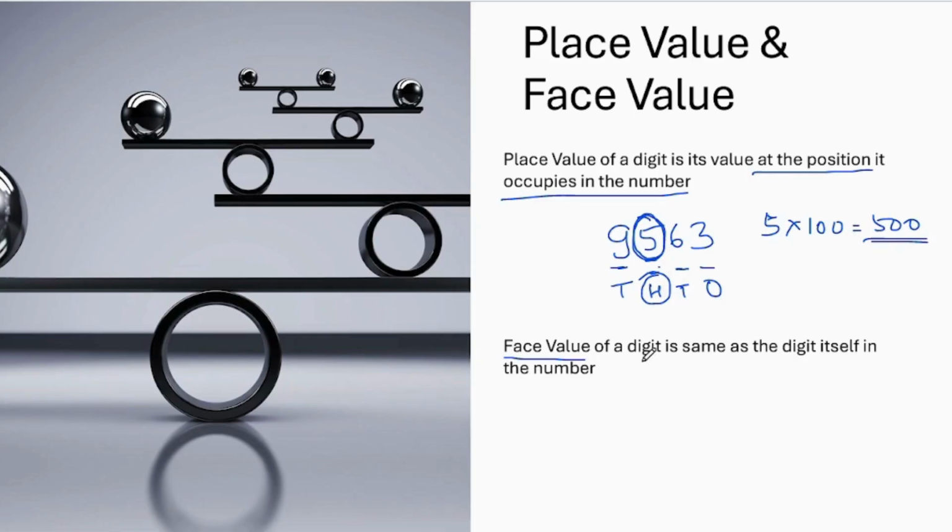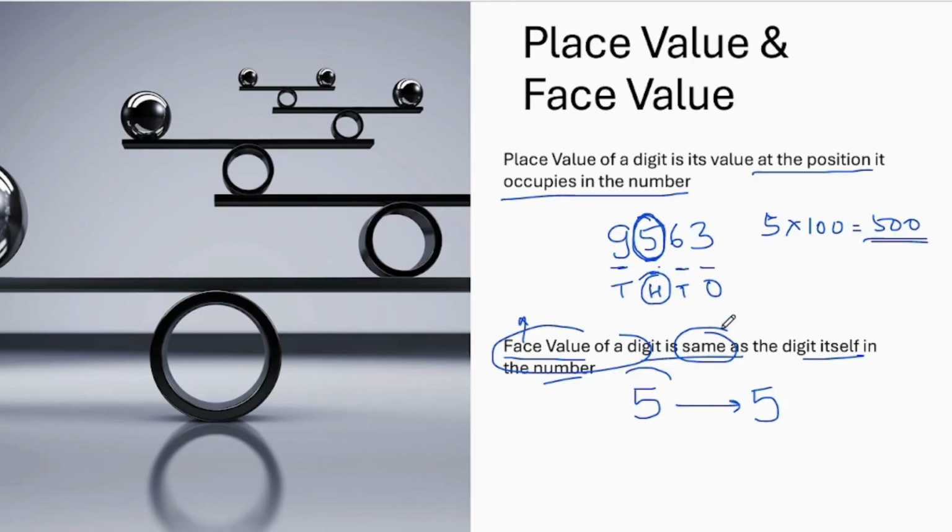What is the face value of a digit? Face value of a digit is the same as the digit itself in the number. Let's understand in very simple terms: face value, face, the way it looks. Let's say 5 in the given number. How does it look? It looks like 5, so its face value will be 5.